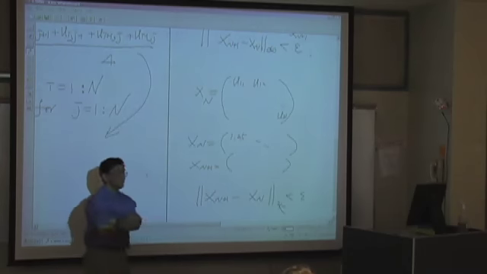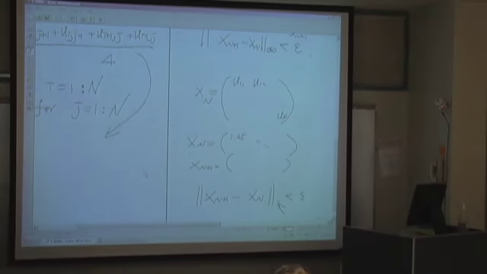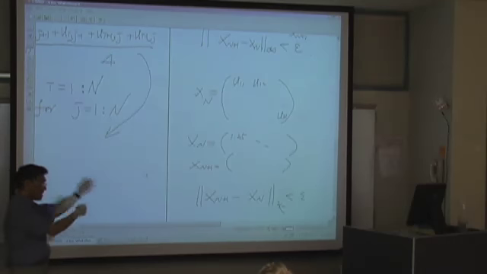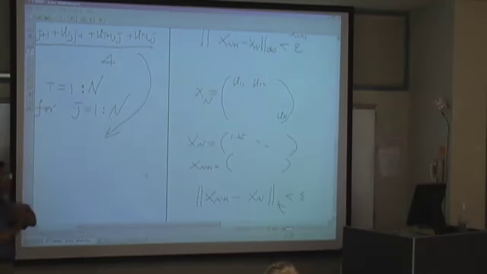They should not be handled individually. They should be handled as a vector or matrix. In other words, Xn, the matrix or vector, and the next one, Xn plus 1, should be handled as one entity minus another entity. And then that difference, by matrix norm or vector norm, should be small to stop the loop.